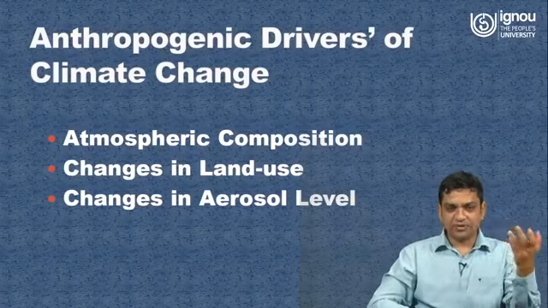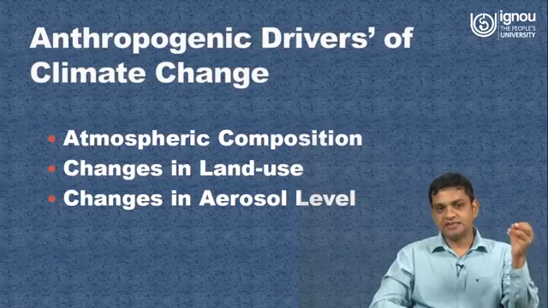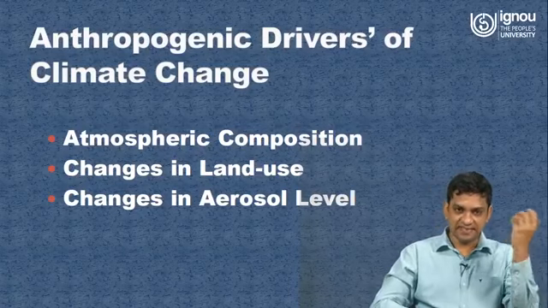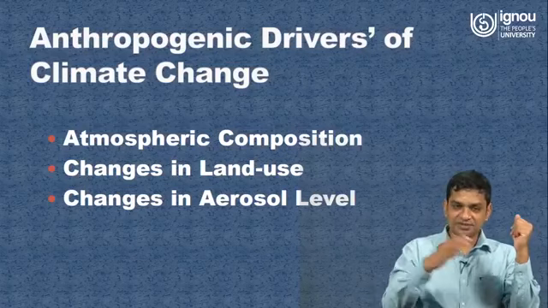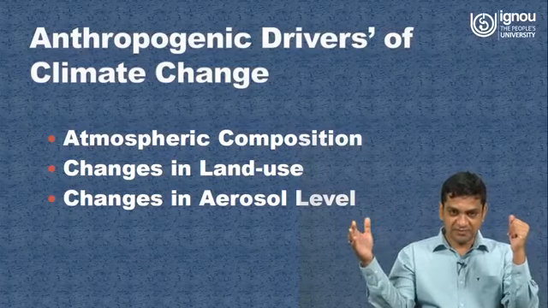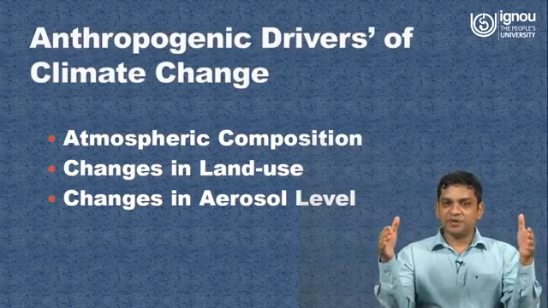May it be carbon dioxide, nitrous oxide, methane, it has changed tremendously. For instance, carbon dioxide before industrialization was around 280 parts per million. Now it has crossed 412 parts per million. So this increase is because of human activity.